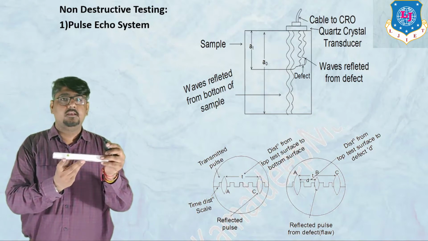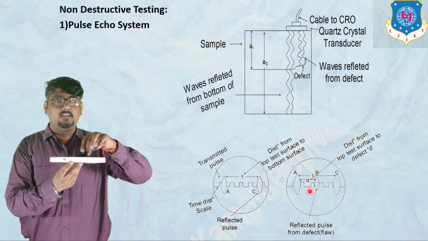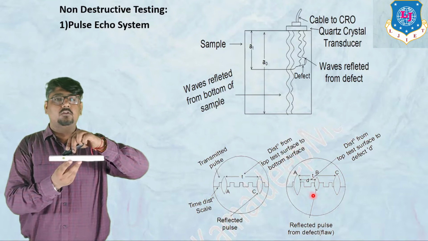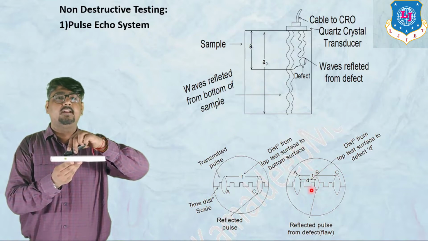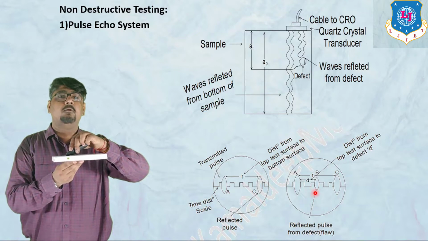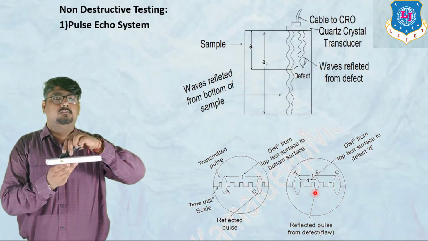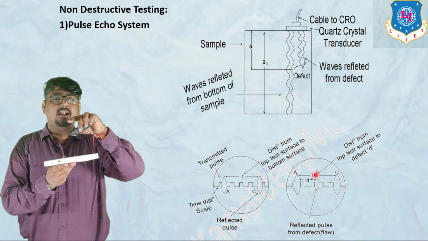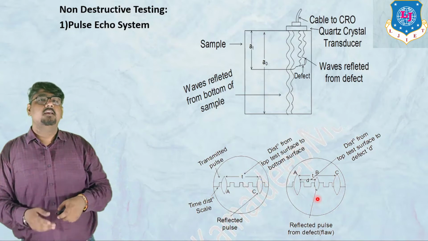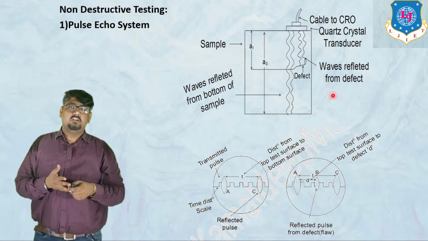You can see if this is the defect, then whenever the probe is coming over here, the defect will be detected at position D. A pattern or peak will be seen at this position. So by knowing the pattern or the peaks, you can easily estimate the defect.